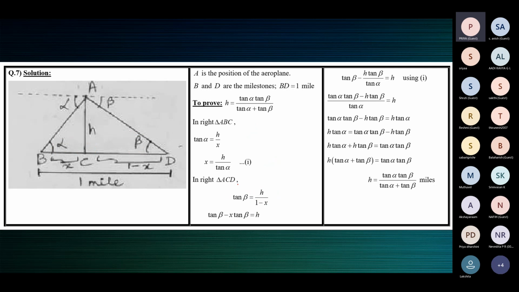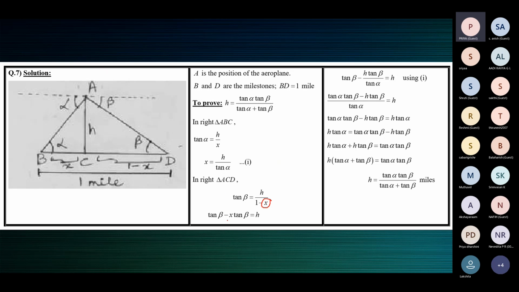So in the other right triangle, we get tan beta is equal to h by 1 minus x. It's not that you should substitute it right here immediately for x. You can cross multiply and substitute, because x is in the denominator, and when you substitute h by tan alpha here, you might have some trouble in working. So cross multiply.